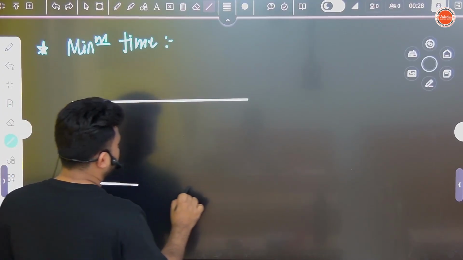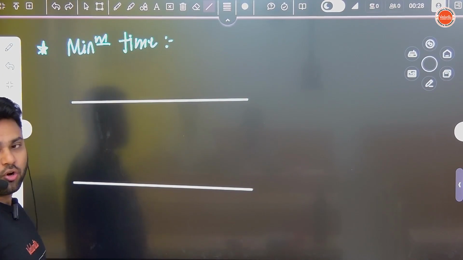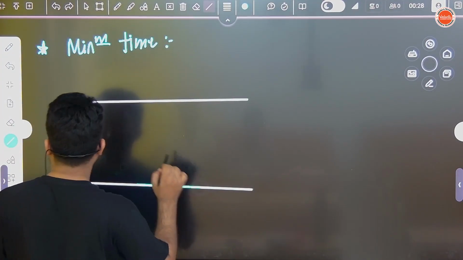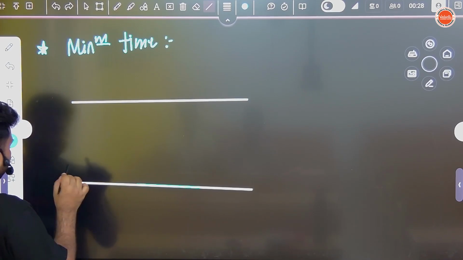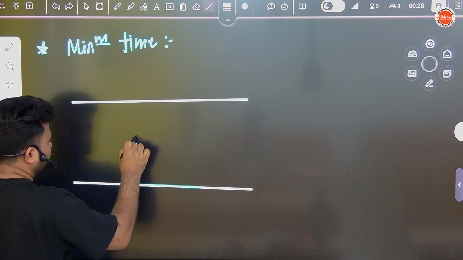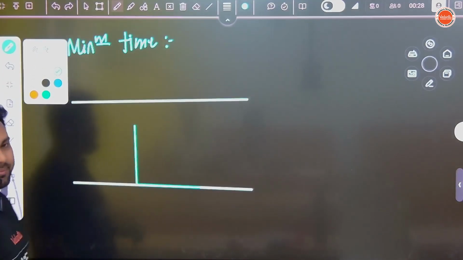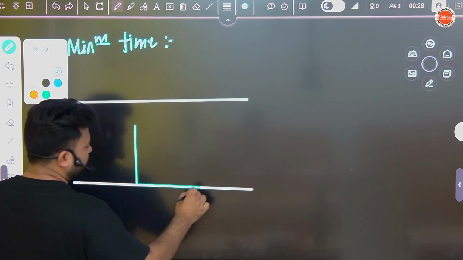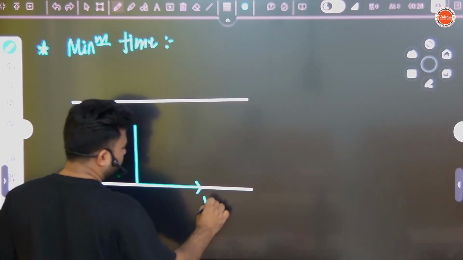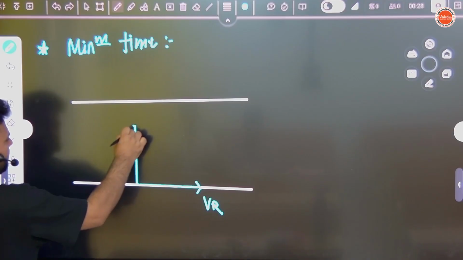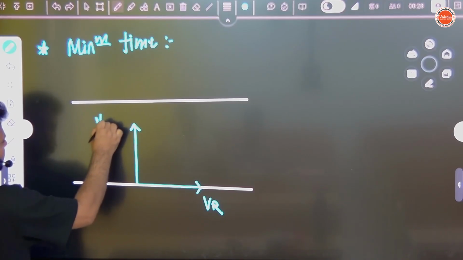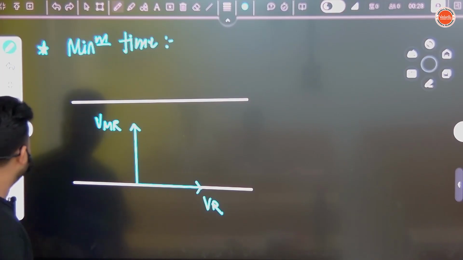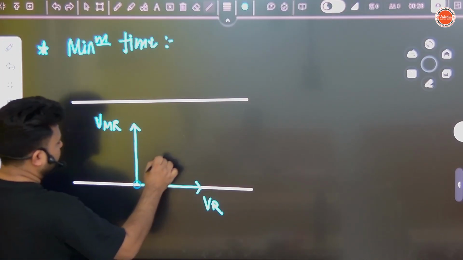If the man has to cross in the shortest time, this is the velocity of the river, and the man has to swim in this direction. The direction in which the man tries swimming is the velocity of man with respect to river. But due to the flow of the river, the man will move in this direction.